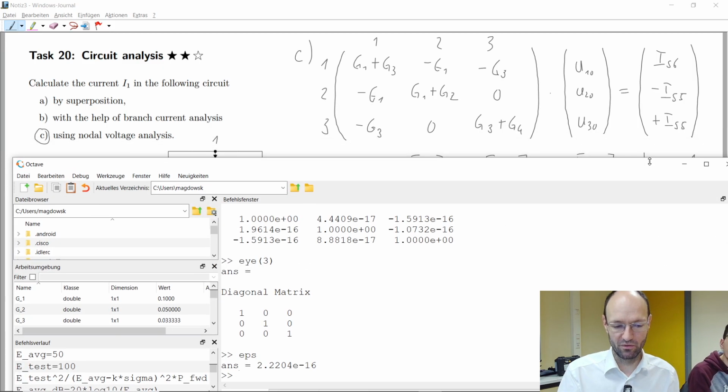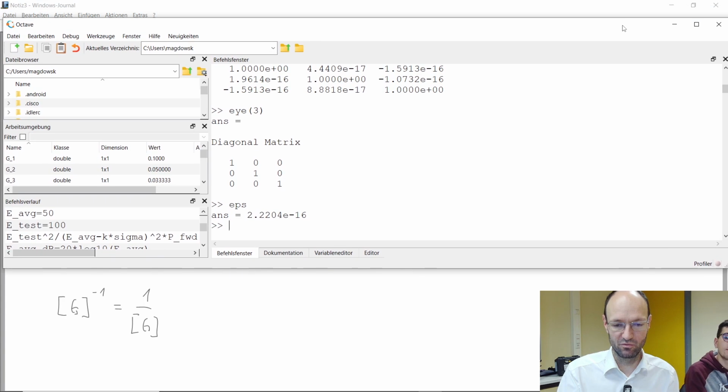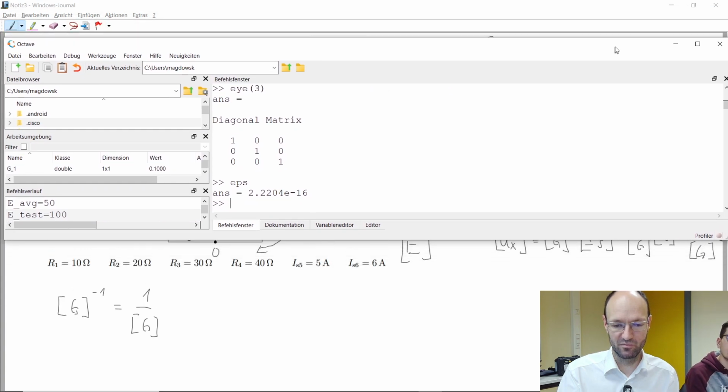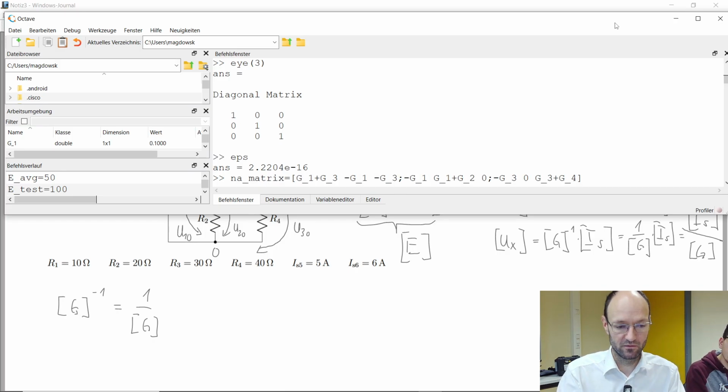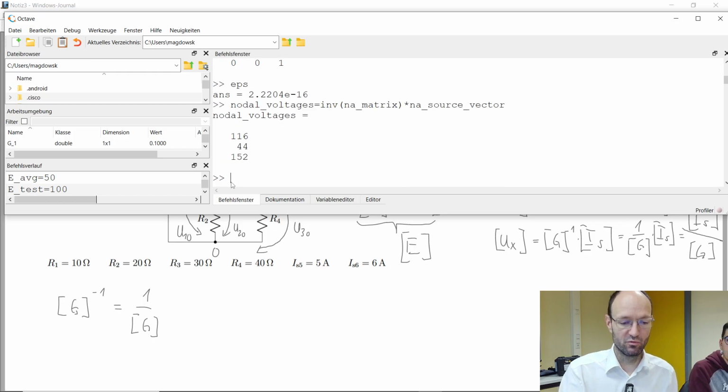But the long story short thing here in this case is, we solved our system of equations. Let me make this a little smaller. We solved the system of equations by using, it was called nodal voltages, I think. So we used this formula before: the inverse of the matrix multiplied with the source vector.